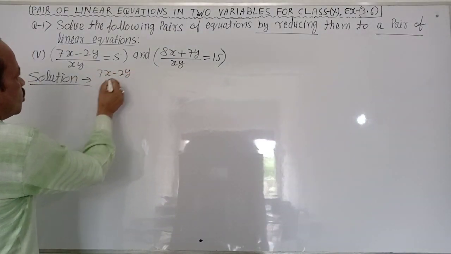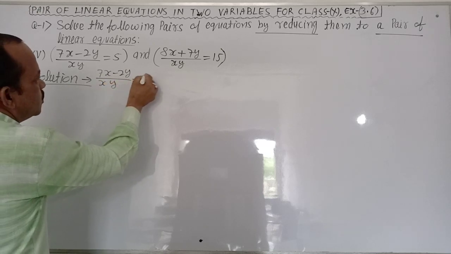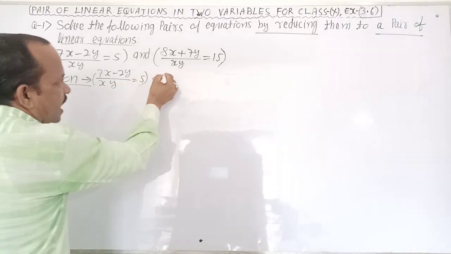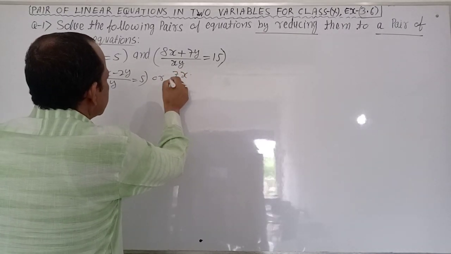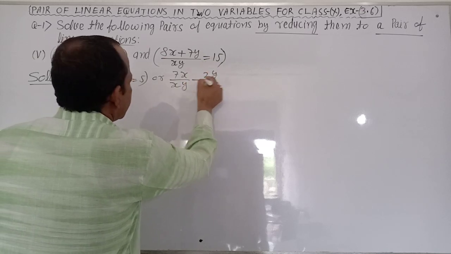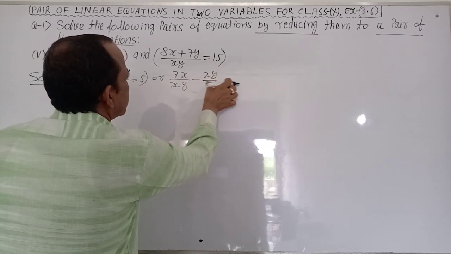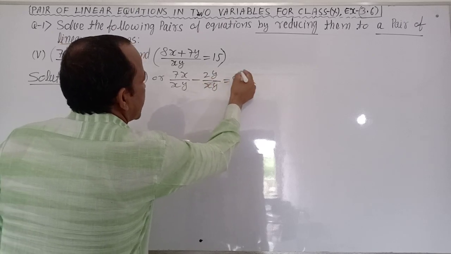Here 7x minus 2y by xy equal to 5, or you can write it as 7x upon xy minus 2y upon xy equal to 5.